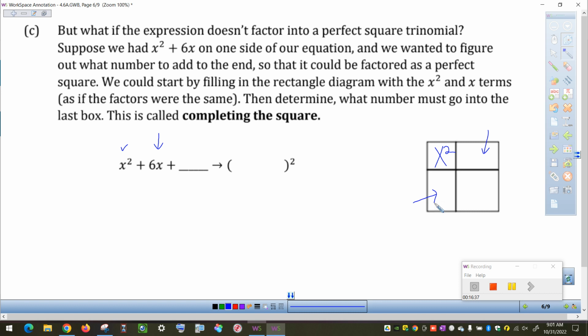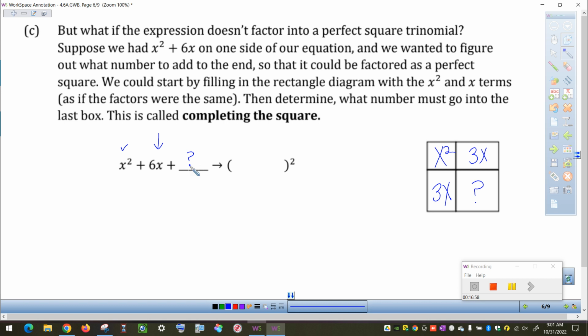What's half of 6x? 3x. So let's fill this in here. So we have to divide that in half to figure out the 3x and the 3x. So the piece that we don't know, the number at the end here that's missing, is what would be in that lower right-hand box.